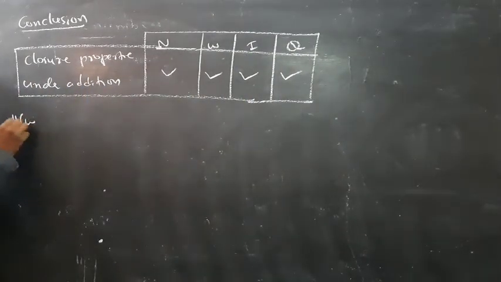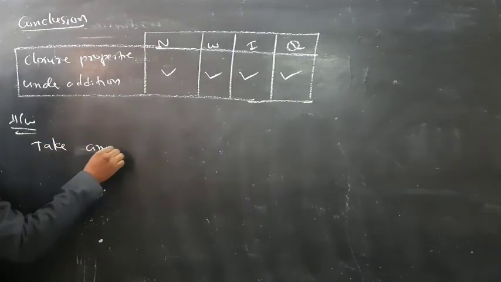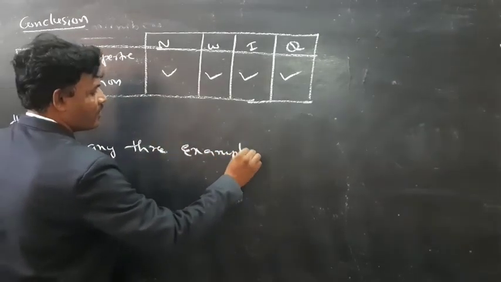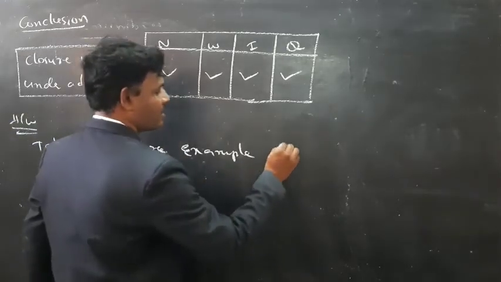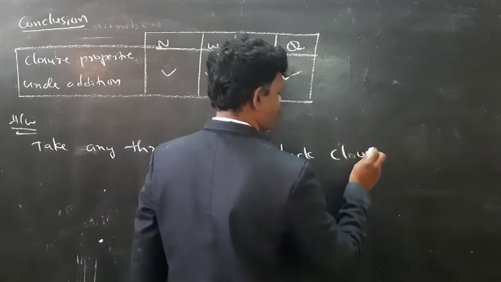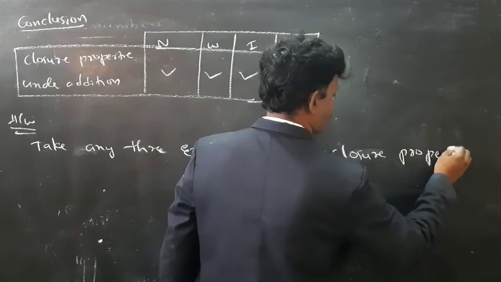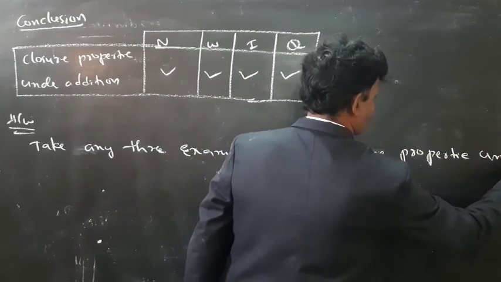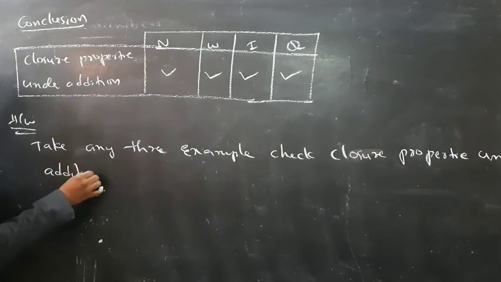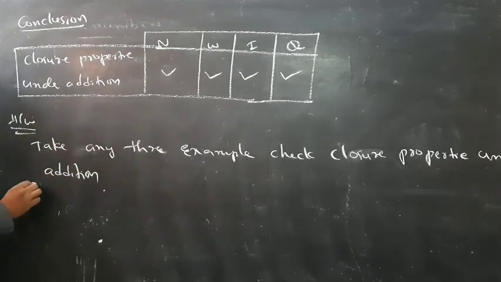Today's homework. Take any 3 examples and check the closure property under addition for the following number systems.